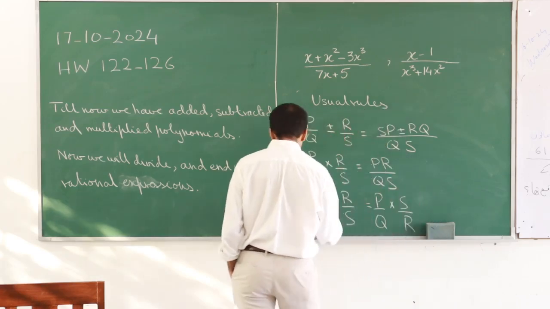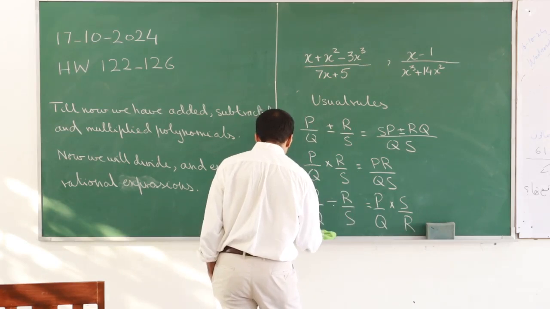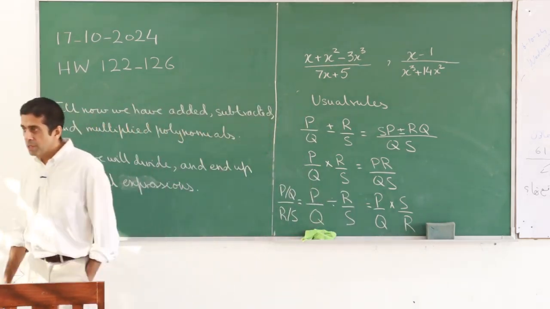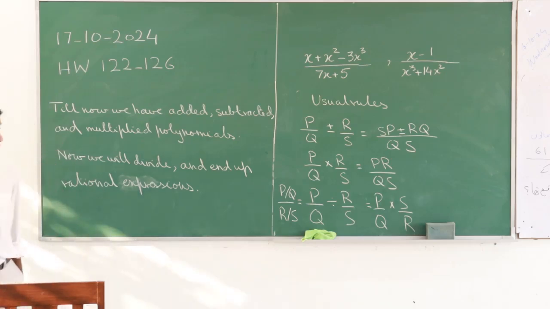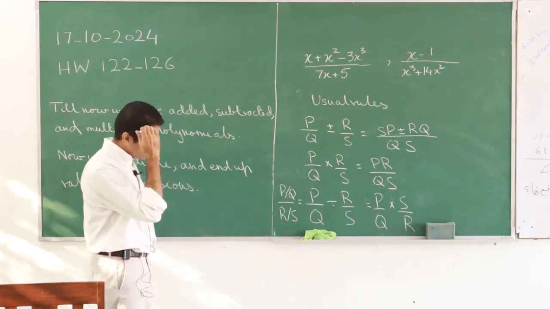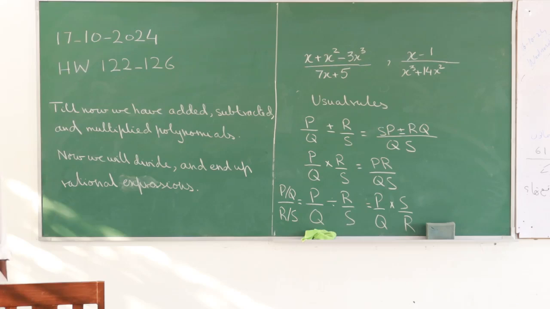This kind of stuff is generating the algebra that we are now going to do on polynomials, and the division that we are going to do on polynomials. Okay? All good?